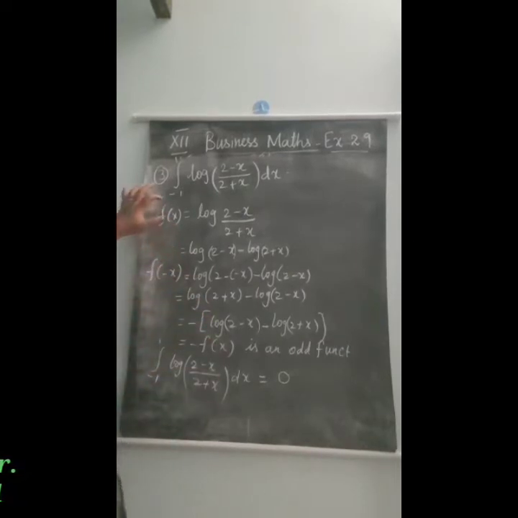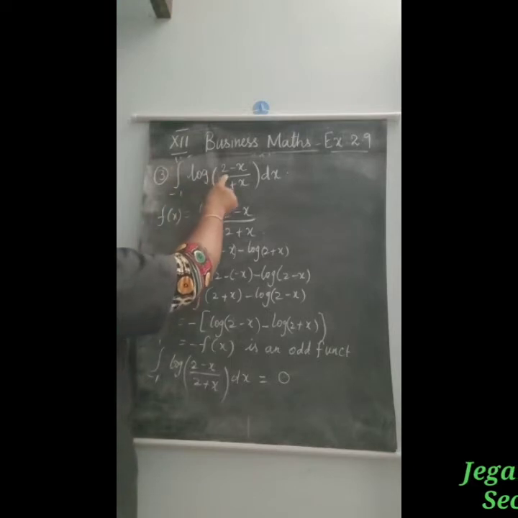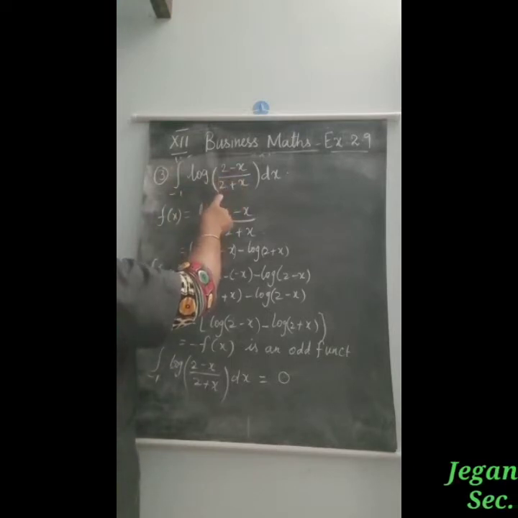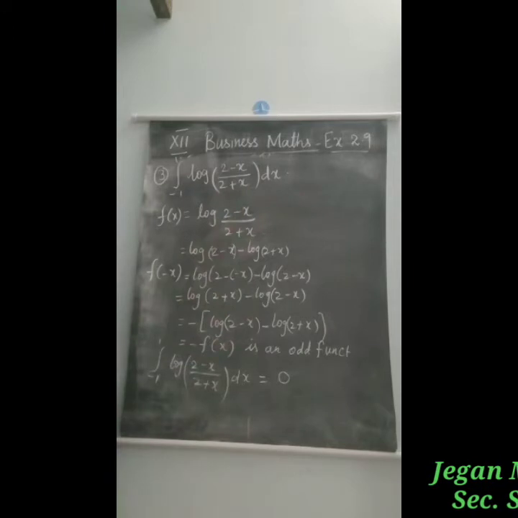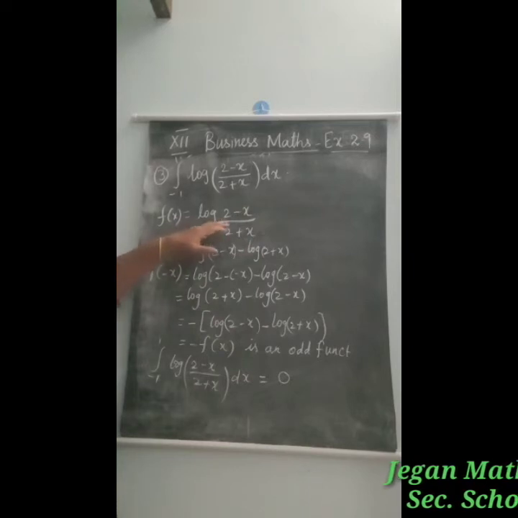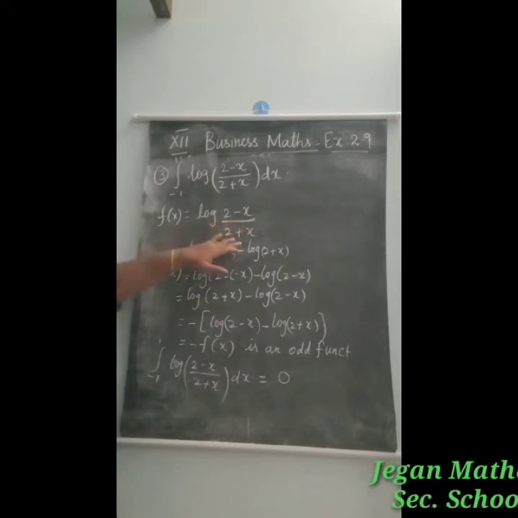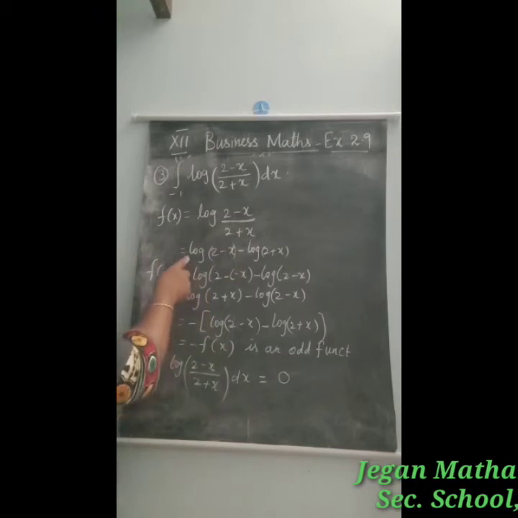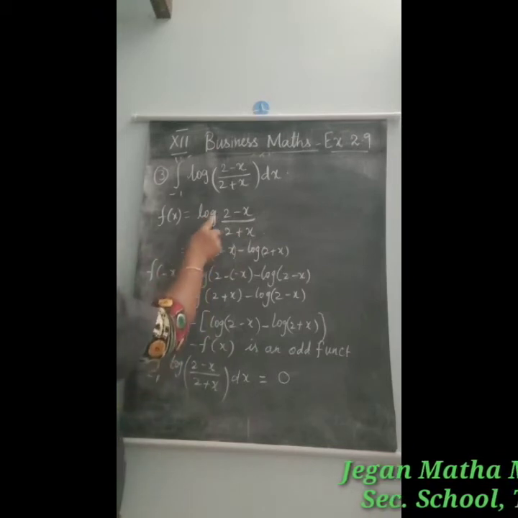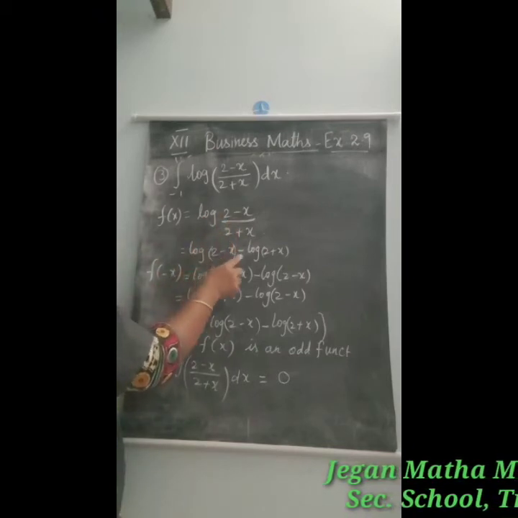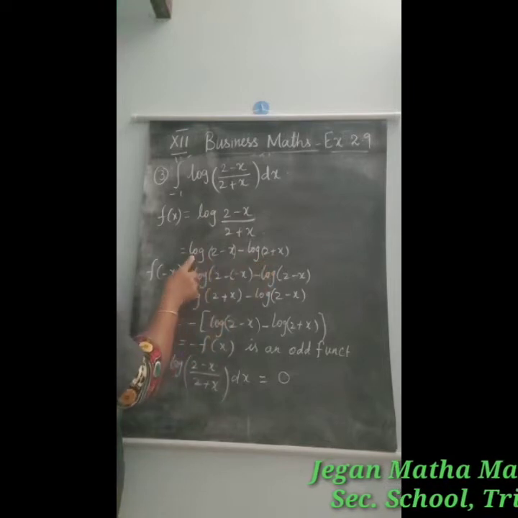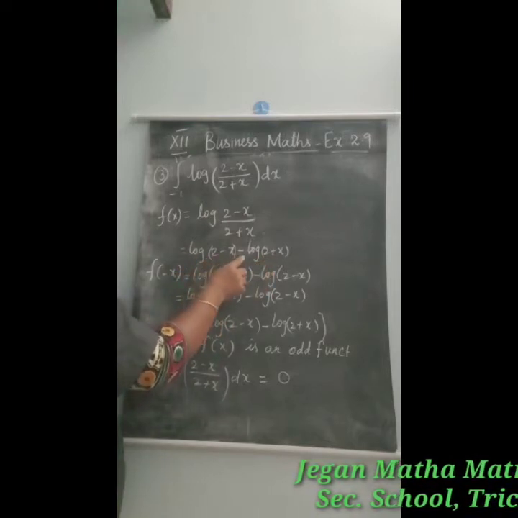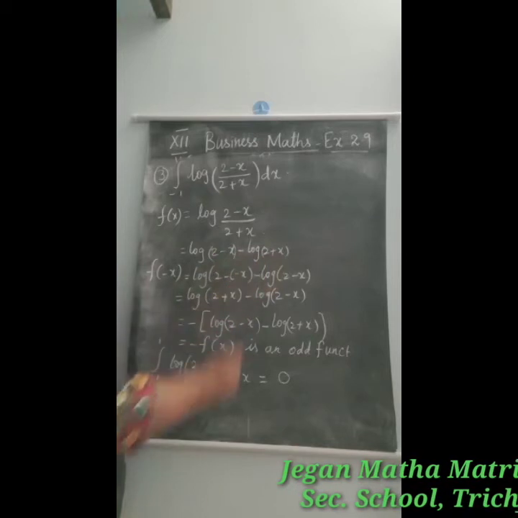The third question is integral of -1 to 1 log((2 - x)/(2 + x)) dx. Let us consider f(x) = log((2 - x)/(2 + x)). Log m/n means log m - log n, so log(2 - x) - log(2 + x).